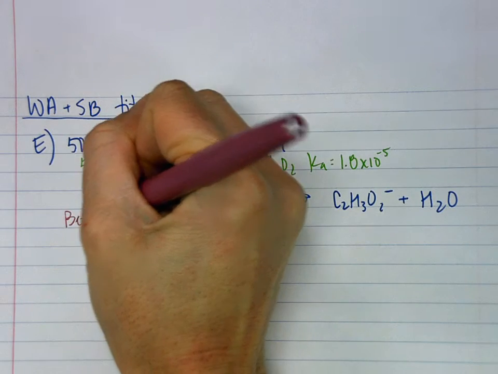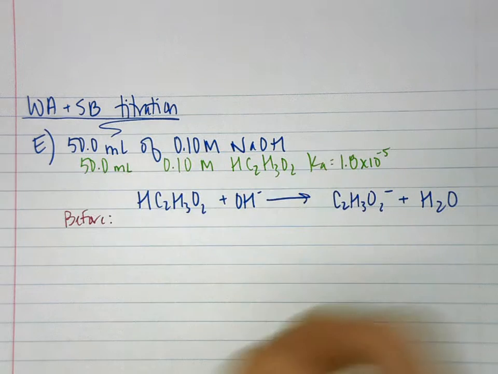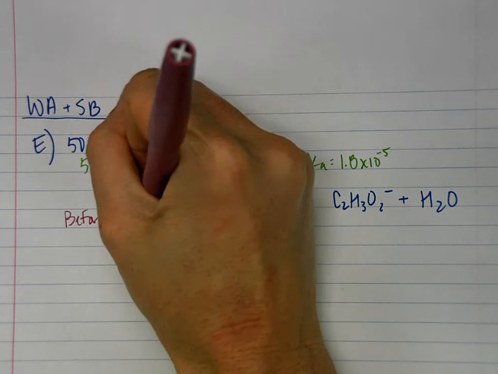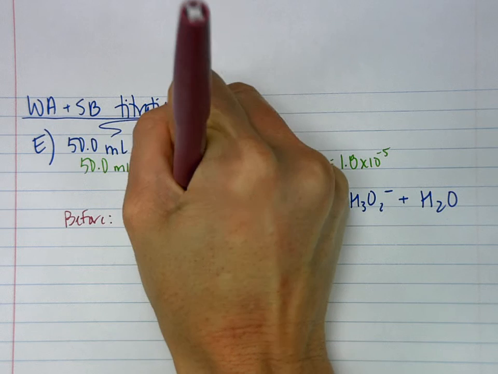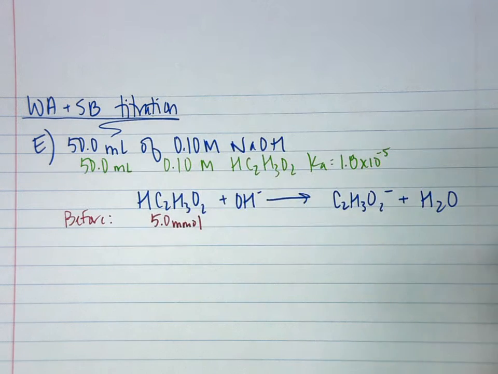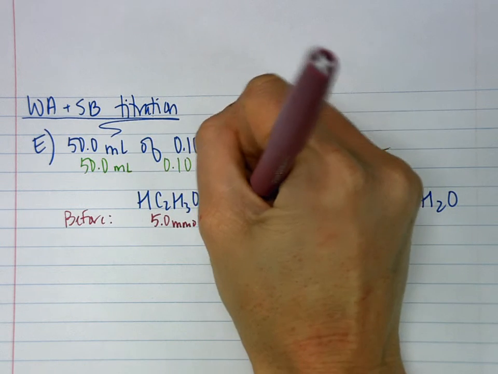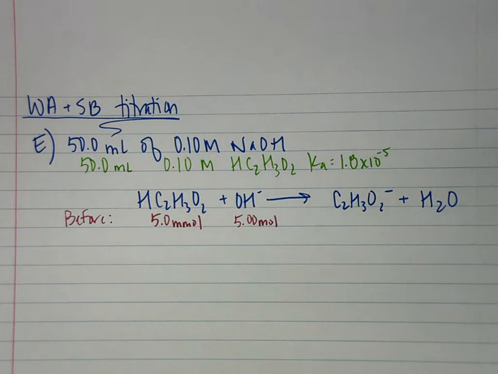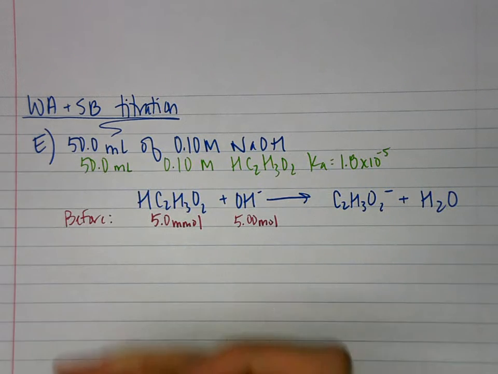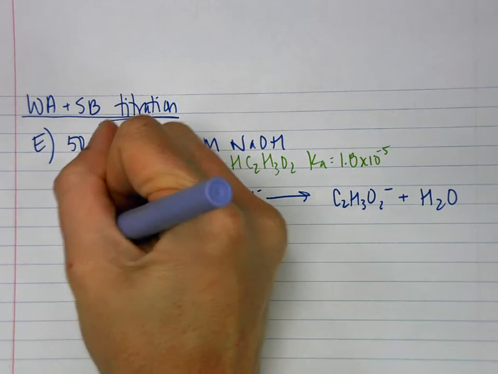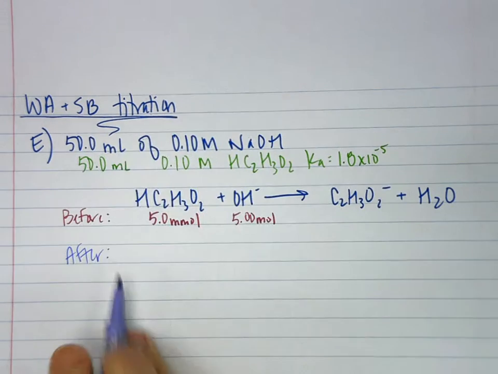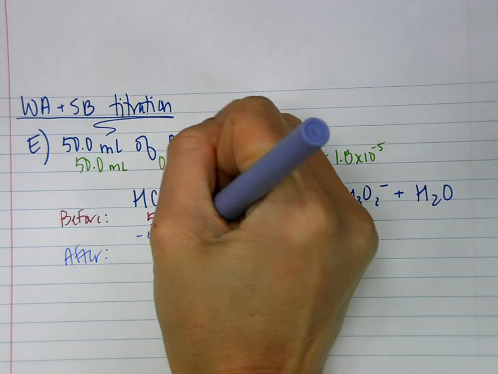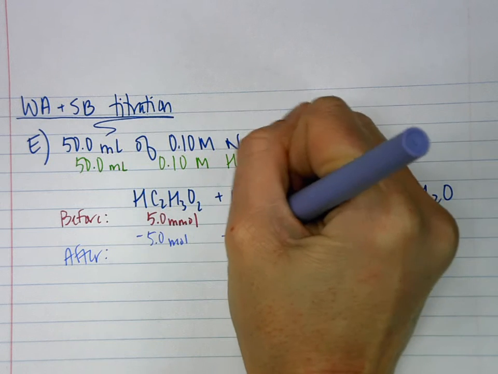Before our reaction takes place, we have 0.1 molar times 50 mL, which would be 5 millimoles. And our hydroxide is also 5 millimoles, okay? When we subtract for the after, they're both going to be consumed because we have 5, so it doesn't matter which one we choose, they're all going to disappear.